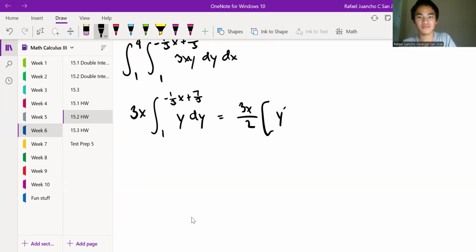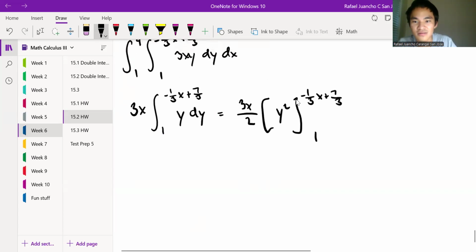I don't want to get bothered. Also, since I've actually done integrating. Ooh, so I square this thing. And I put 1 here. That's not fun. So here I do this.